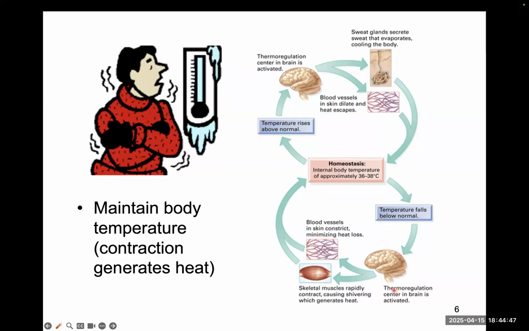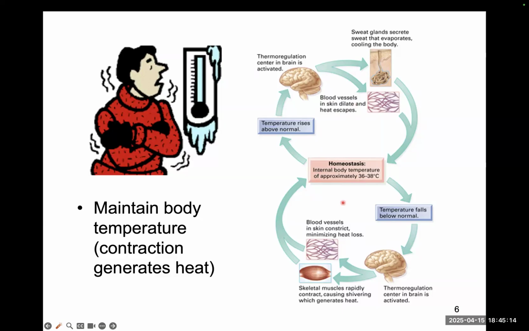That activates some of the skeletal muscles to rapidly contract. You're shivering, which generates heat, and the temperature comes back up to normal. If you are at normal temperature, your brain is told to stop shivering, so you have the opposite going on. If you're too hot, then you sweat, but we're really focused on the muscle part here.